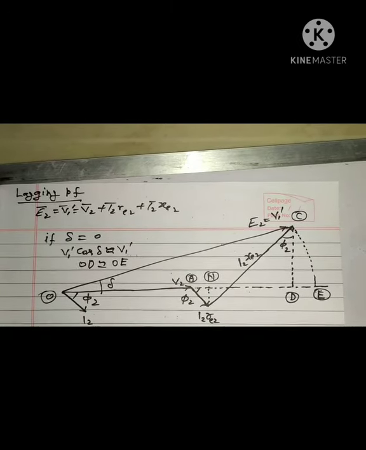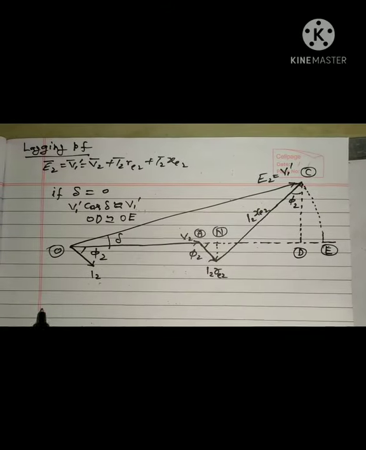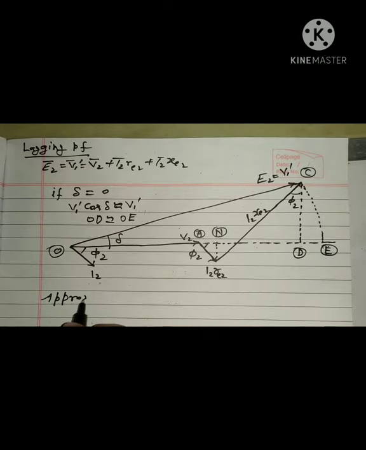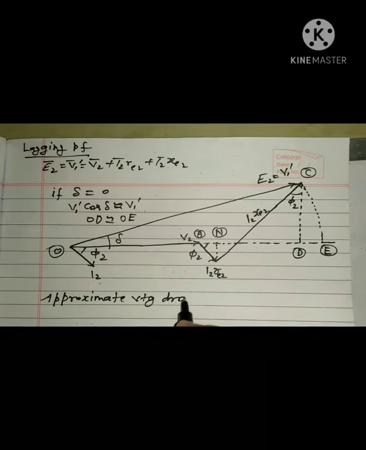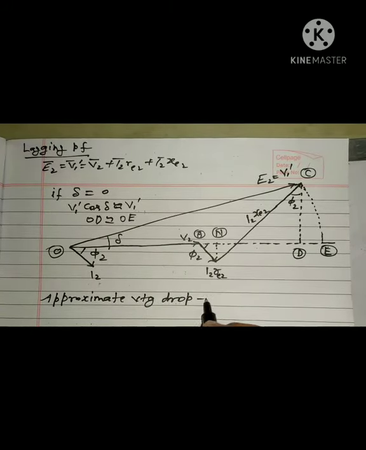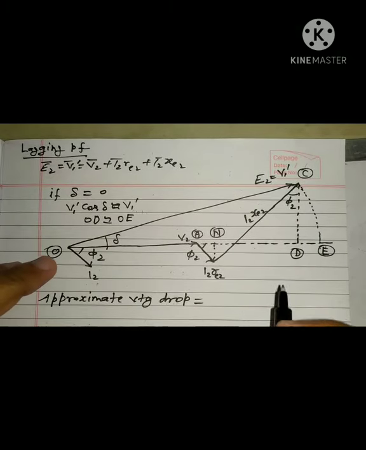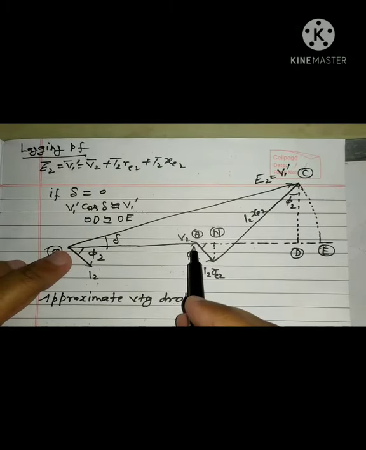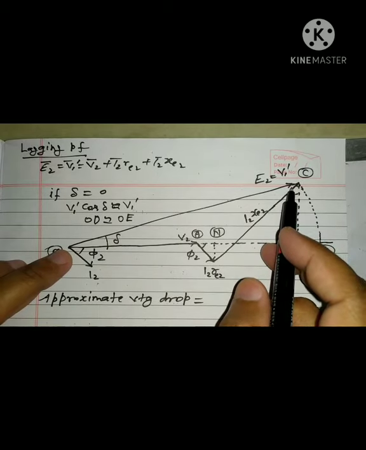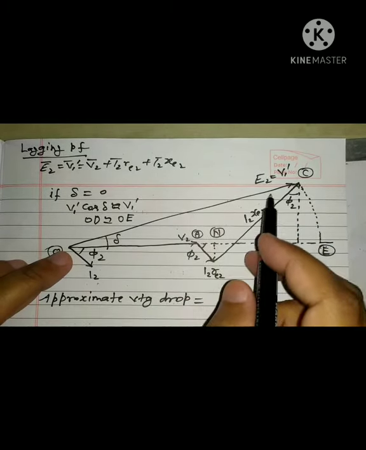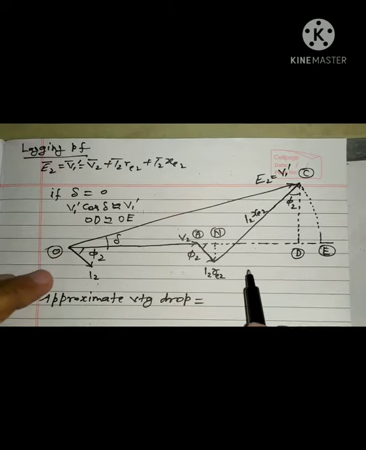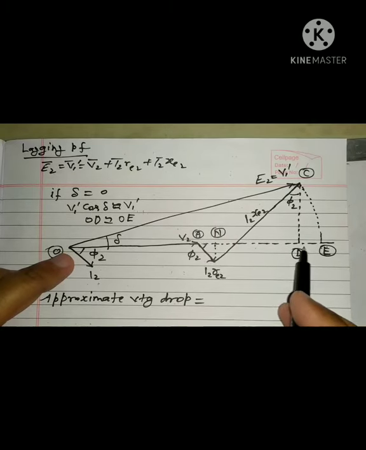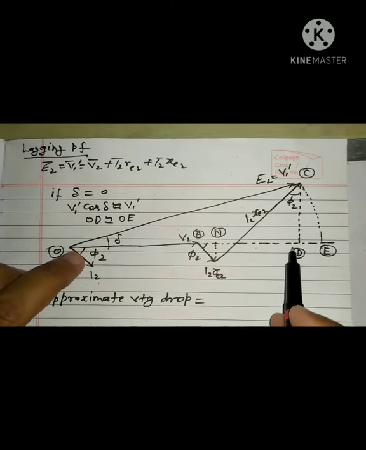Now the approximate voltage drop will be what? See, this is the no load voltage, this is the load voltage. So the available voltage is this one, but at load voltage is low, and its vertical projection is OD, right? We are doing approximation, means I have taken OD as nothing but OE.